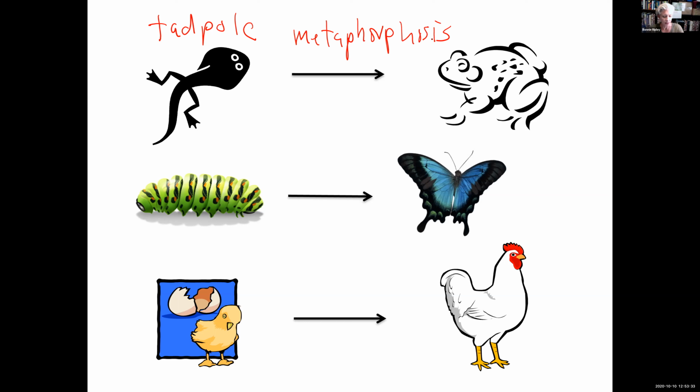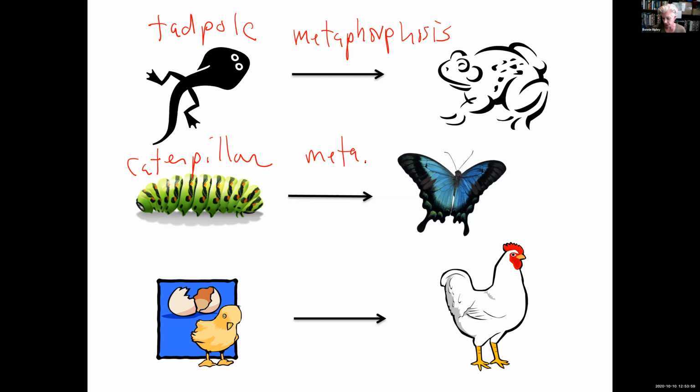All right, we also have a butterfly that is going to start out as a caterpillar. And it's going to go through metamorphosis to become an adult. But when we look at other kinds of animals like this chick, it basically looks like a chicken when it starts. And so it's just going to increase in size. Now it's doing development too, but it isn't going through this complete transformation.